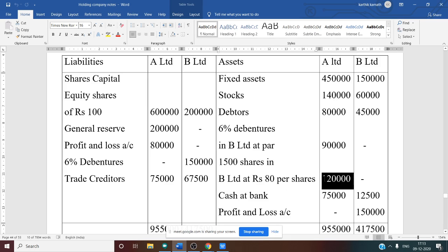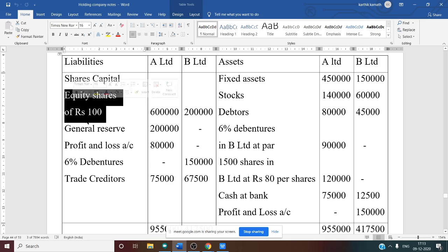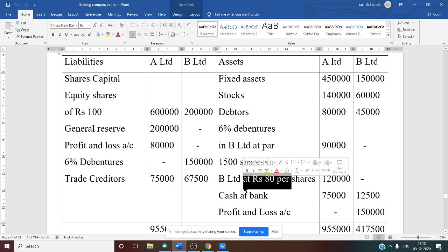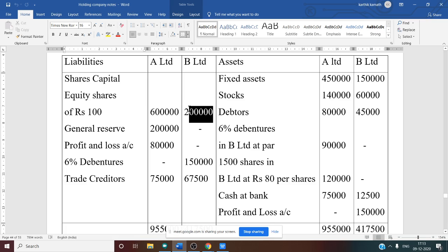The value given, that is the cost of investment, is 1,20,000.